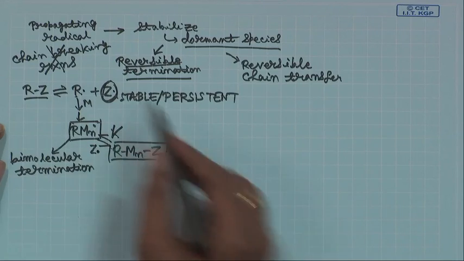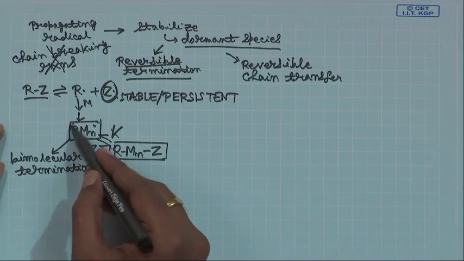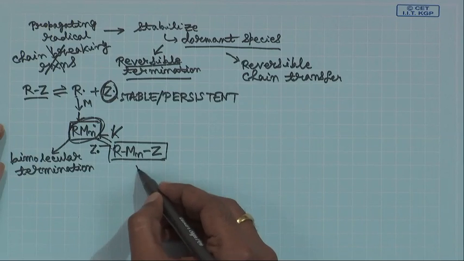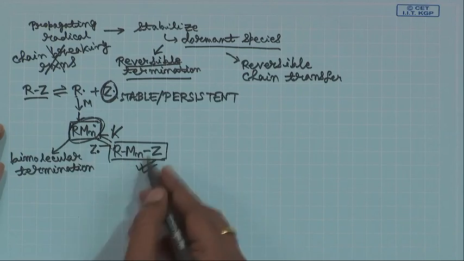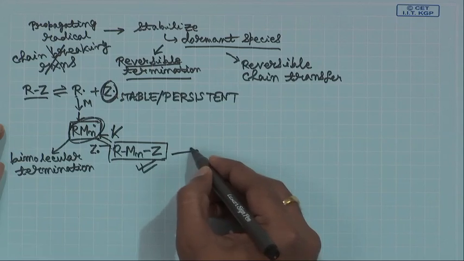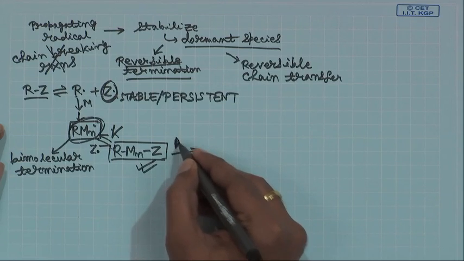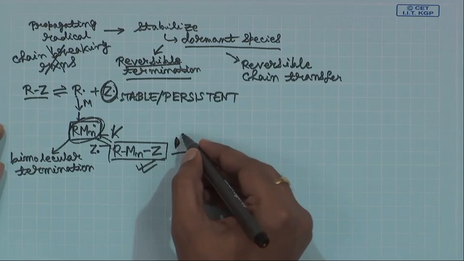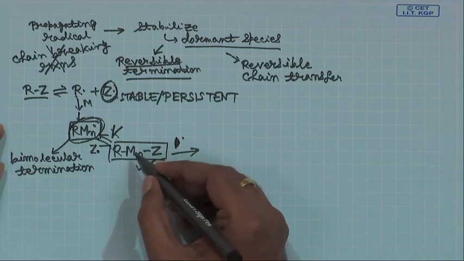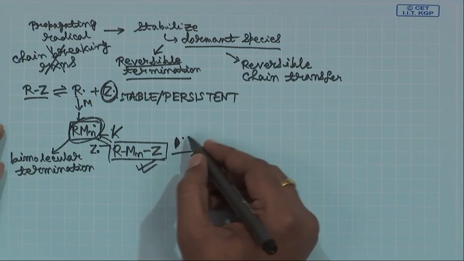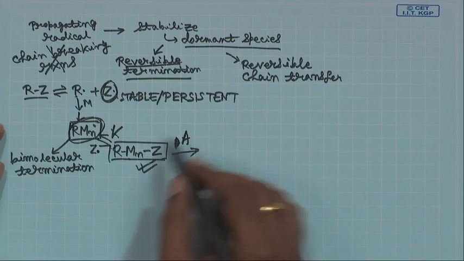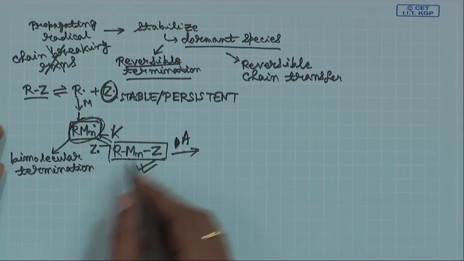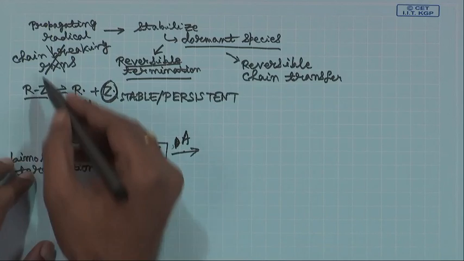So, those things you want to stop. This is the overall aspect of reversible termination, because you are terminating this growing propagating species in a reversible way, and this particular species you probably can isolate after, and once you isolate, you can add another batch of monomers. Say you are adding a monomer 2, let us say you are putting A. So, another monomer you are adding, and then you again add your initiator. In this case, this was the initiator.